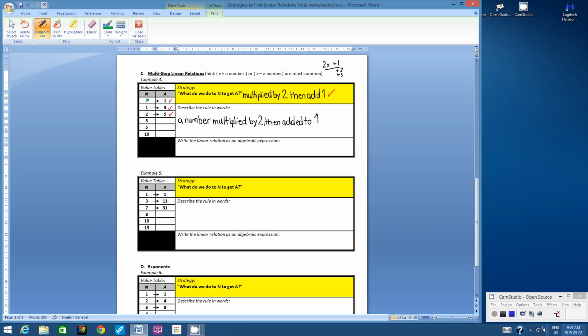Okay, so let's finish the value table. Now that you know the rule, I'm going to give you a head start, and I want you to complete this table. It is not necessary for you to write these arrows. I'm doing that as a stall technique so that it gives you a little more time to work these out.